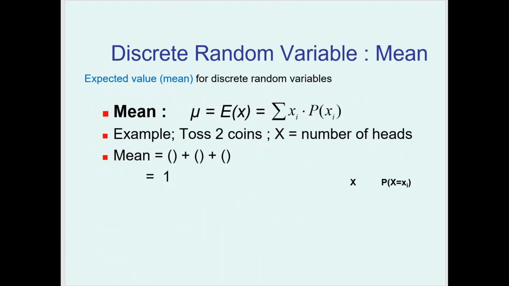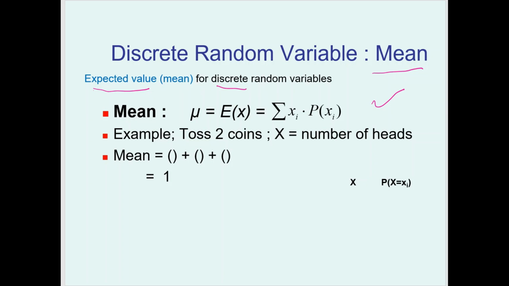Okay, now let's move to the calculation of the mean for these discrete random variables. Mean, which we can also call the expected value for discrete random variables. This is the formula used to calculate the mean, which is mu.